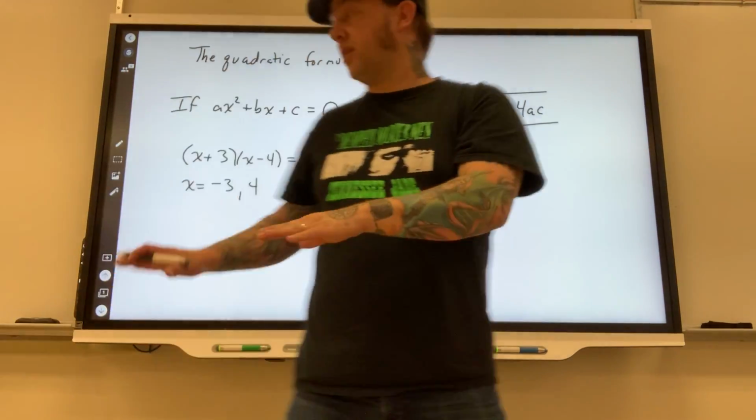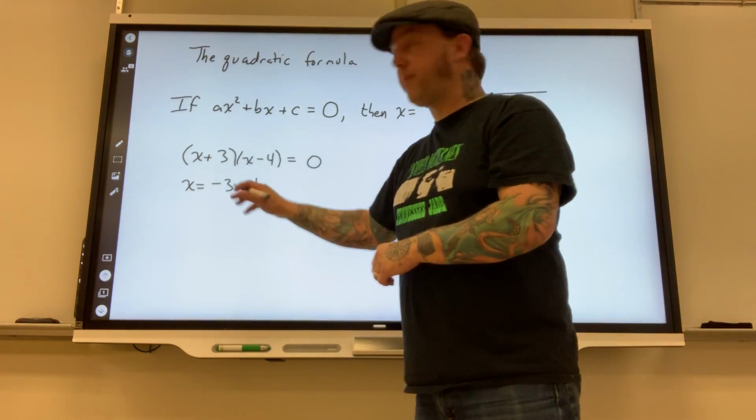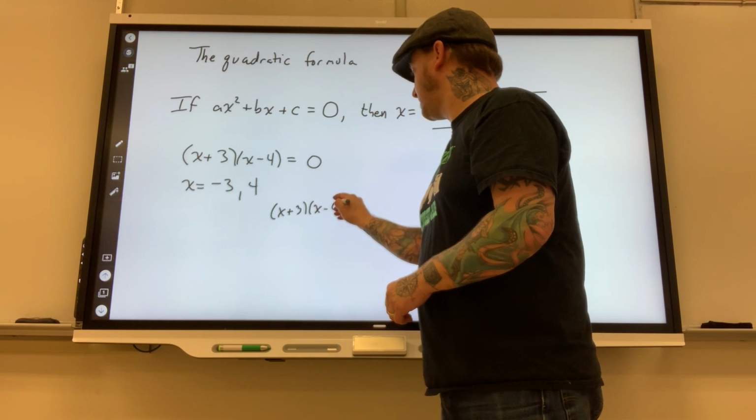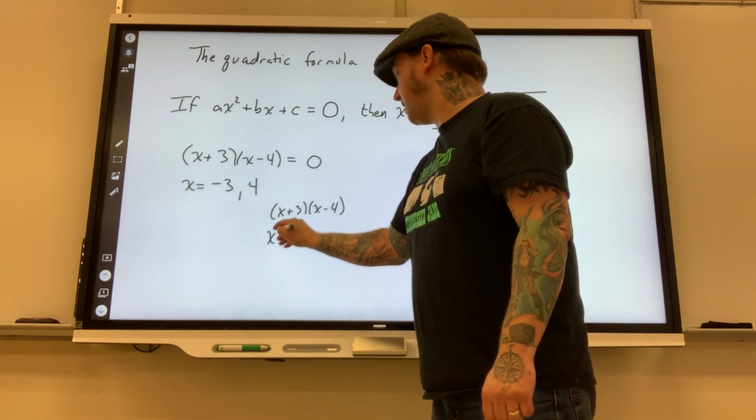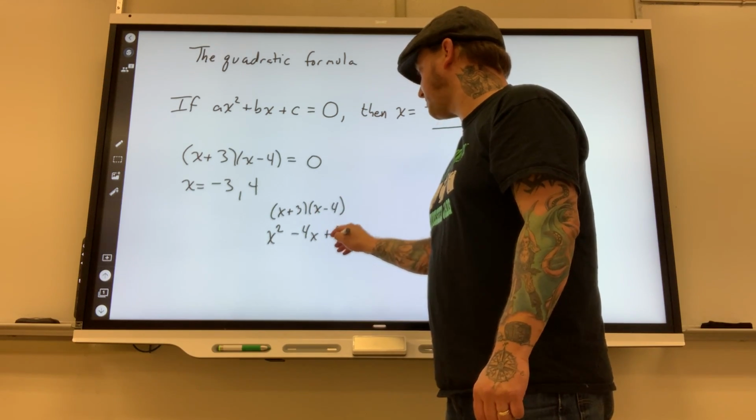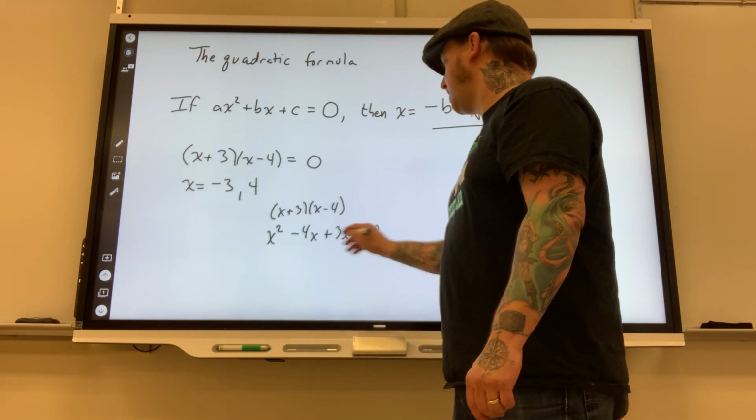Okay, so if I multiply these out, I'm going to get x squared minus 4x plus 3x minus 12.